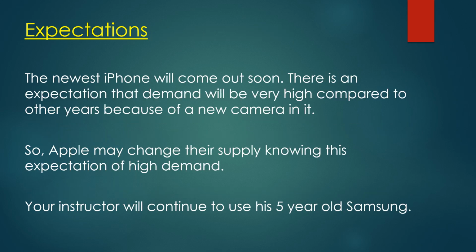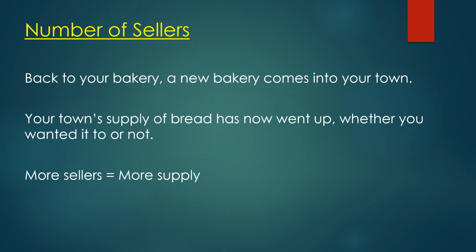And just like in demand determinant, expectations. The newest iPhone will come out soon. There's an expectation that demand will be very high compared to other years because of a new camera in it. So Apple may change their supply knowing this expectation of high demand. And number of sellers, back to your bakery, a new bakery comes into your town.